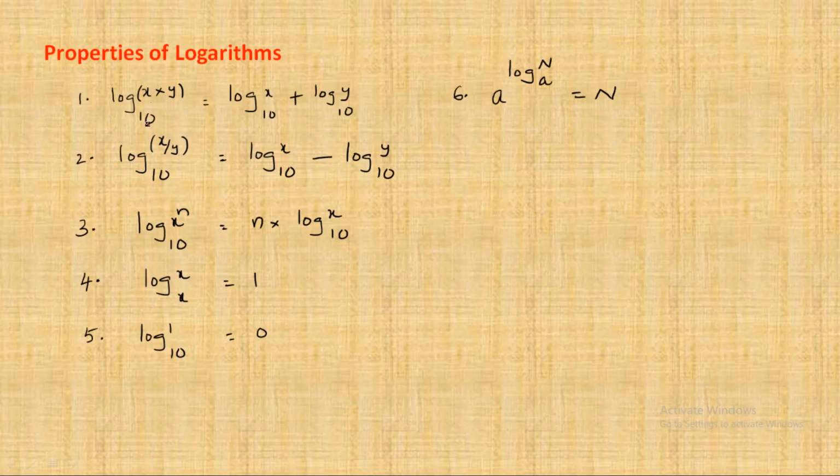And here you can observe that I have taken 10 as base for all the logarithms. Here also it is 10. Logarithm of any number to the base 10 is called common logarithm.